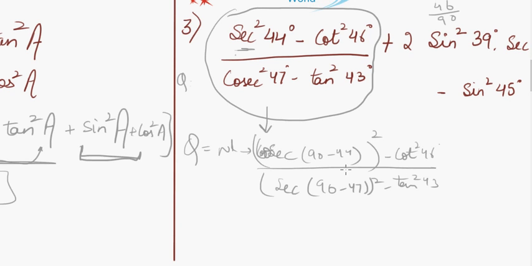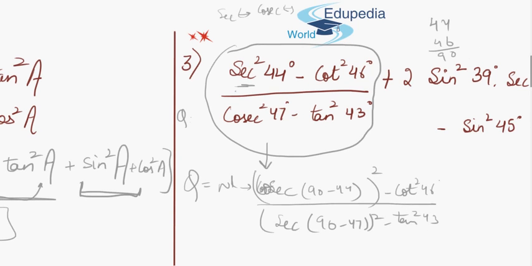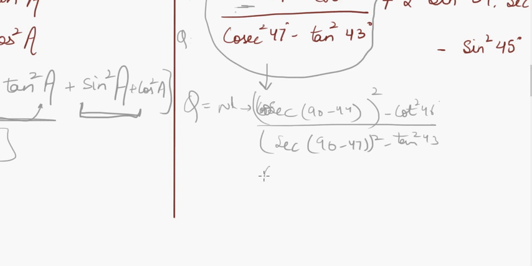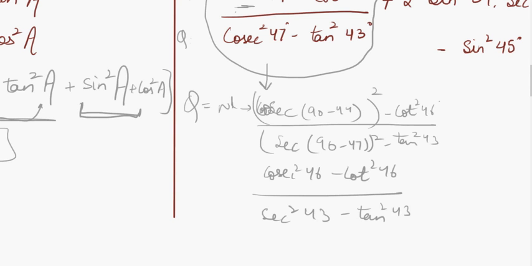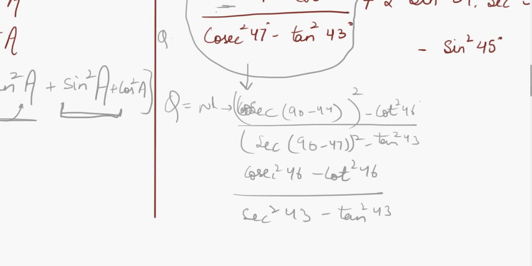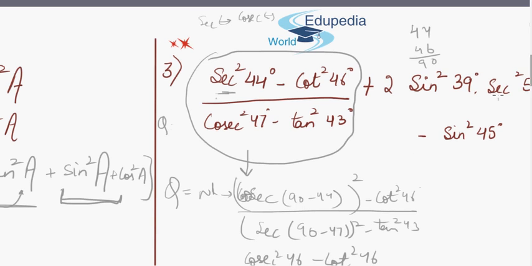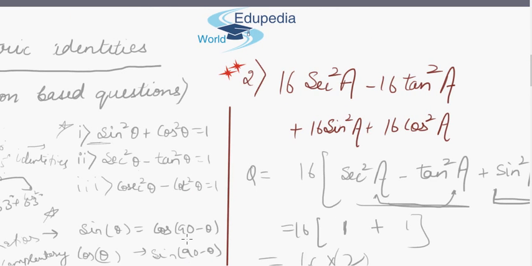Friends, 90 minus 44, as we have already seen here, will give 46. So we will be having cosecant square 46 minus cot square 46 over secant square 43 minus tangent square 43. Friends, in the identity part you have seen that cosecant square theta minus cot square theta, when theta is the same angle, will give 1.